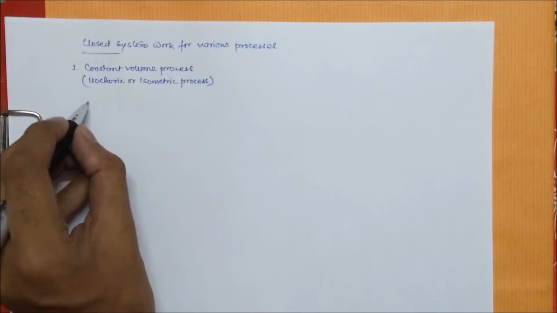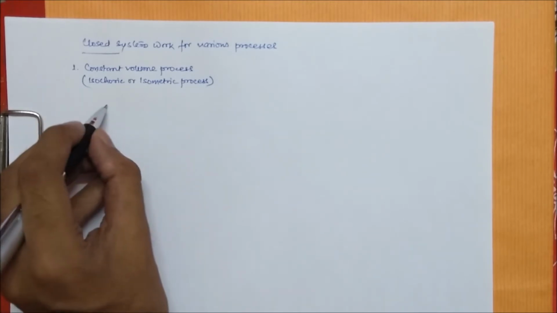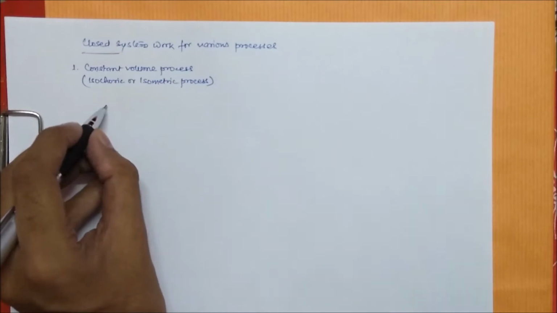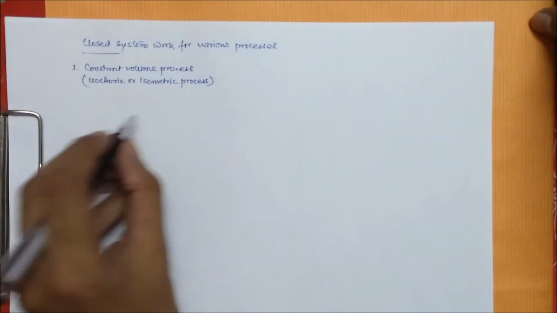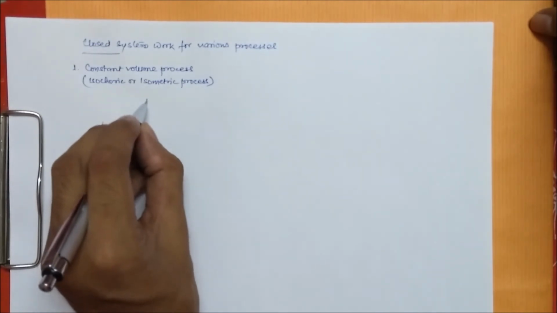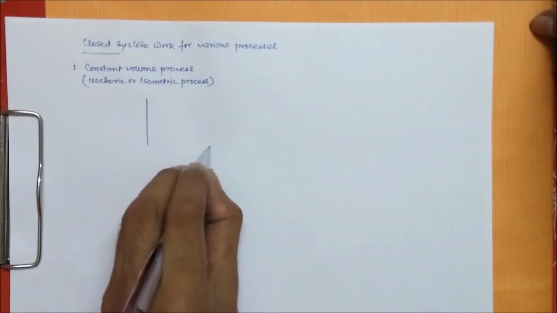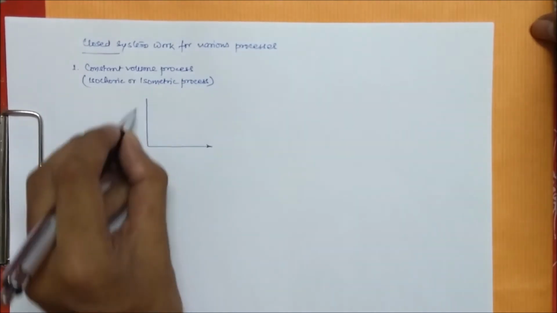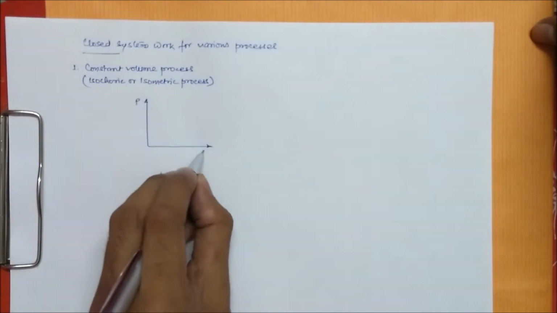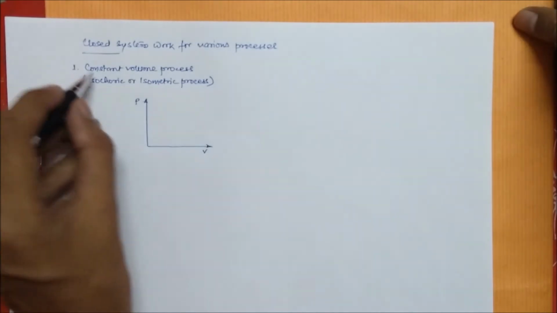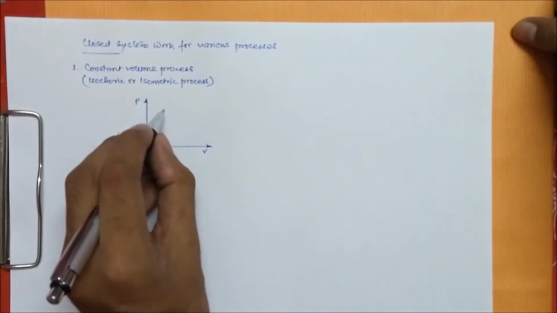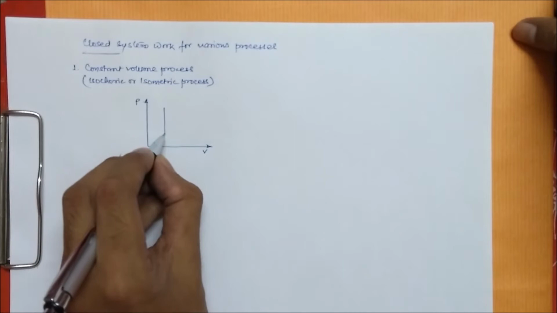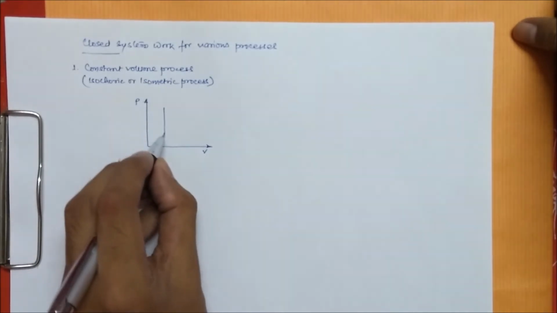For closed system work, we have earlier defined how the closed system work is derived in thermodynamics, right? Let's have the PV plot. As it's a constant volume process, the volume will be constant, so it will be in this fashion.